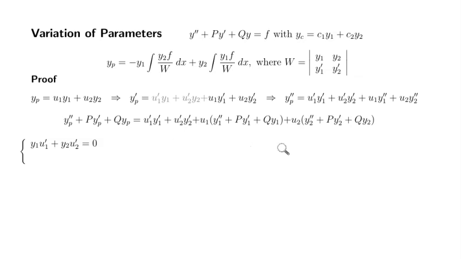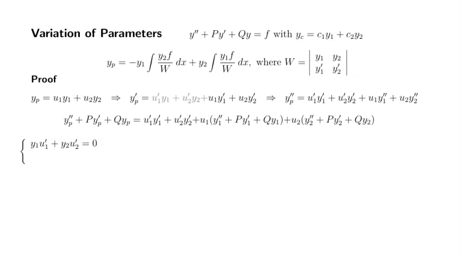But the good thing is, knowing that y1 and y2 are solutions of the homogeneous equation, we know that this expression right here is going to be 0, and also this expression right here is going to be 0. So we can just cancel those out.